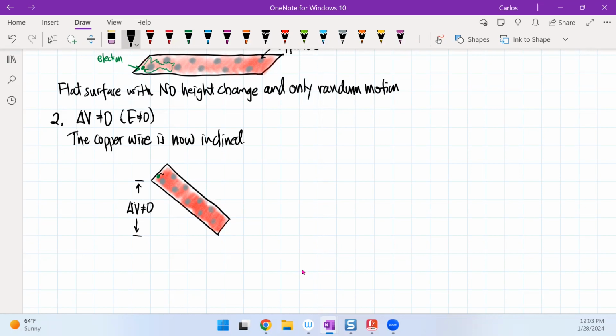It is random, and it's also colliding, but there is a drift in motion coming down. So in other words, I now have current flow occurring, and that's because there's an incline and it ramps it up.